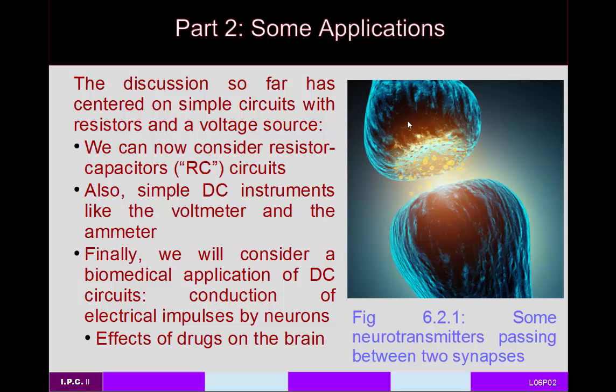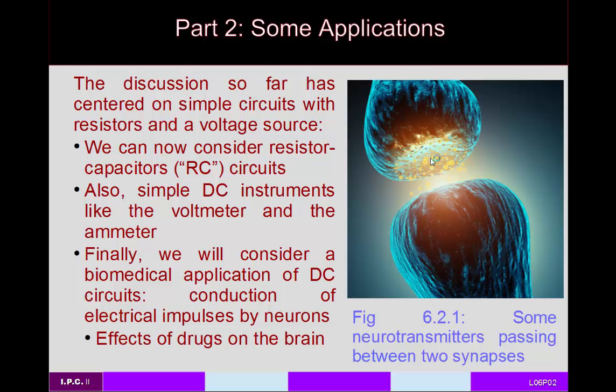What you see in this diagram, by the way, is maybe you call it a foreshadowing, if you will, of what I want to talk about late in the lecture. Namely, here is a neurotransmitter, and what you see is a pair of synapses, with some neurotransmitters passing between the two synapses.